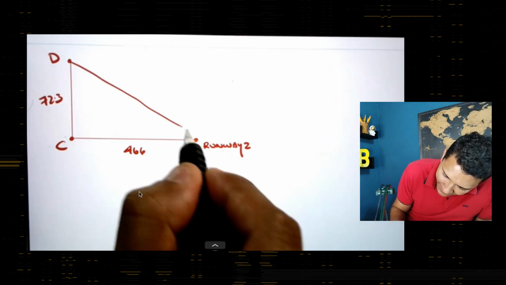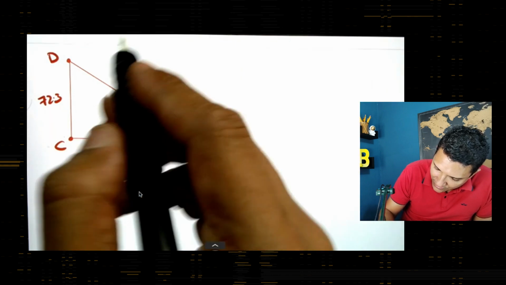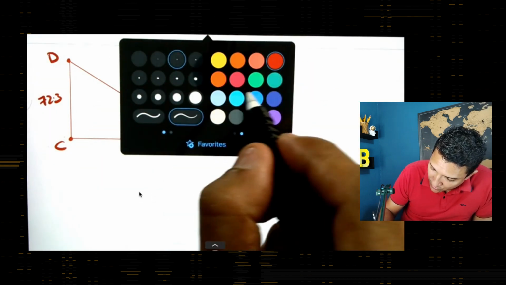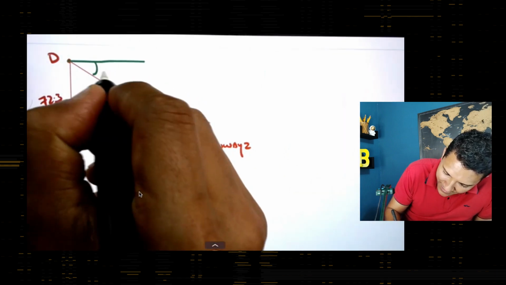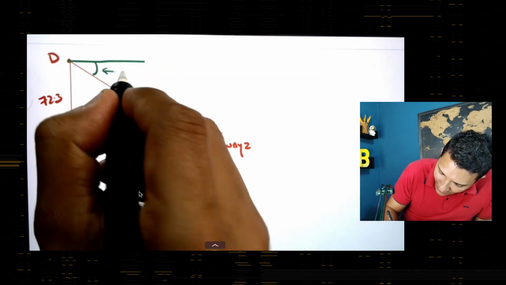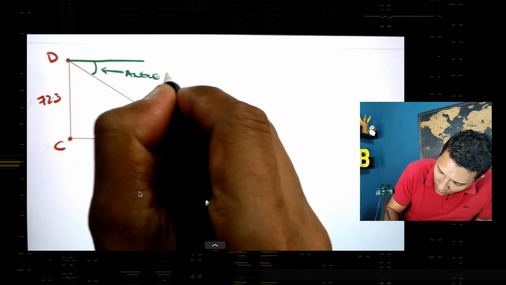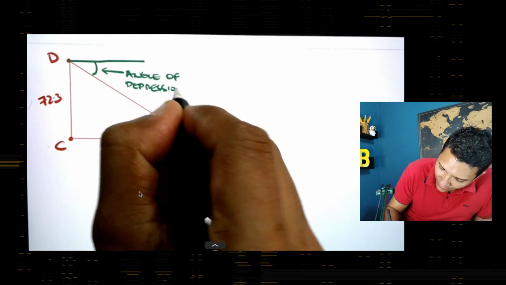Again, let's understand what they are asking us. From this triangle that I just drew, what they are asking us is actually this angle. This is the angle of depression. This is what they are asking us.